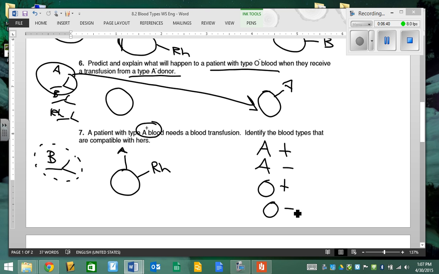Those are all of the blood types that don't have the B antigen in it. All of the other types, AB positive, AB negative, B positive, B negative, would all react with this B antibody. Does anyone have questions there? So flip the page over. We got the last few questions.